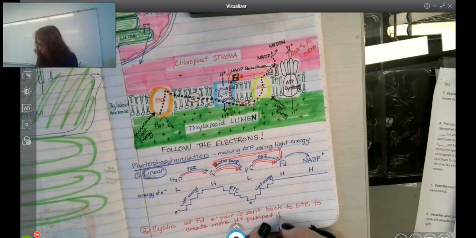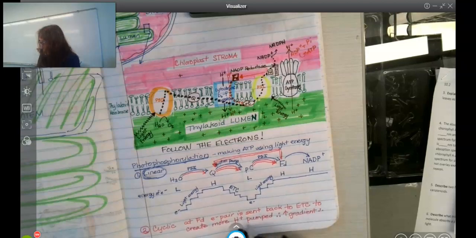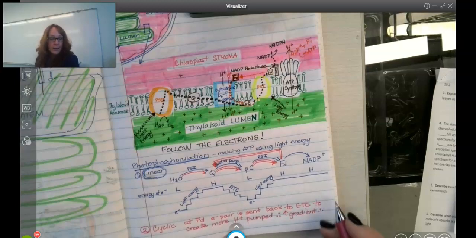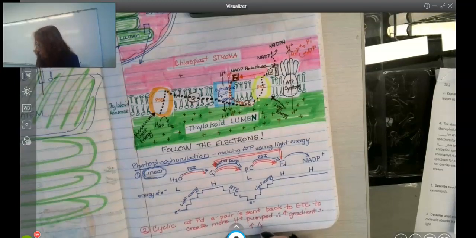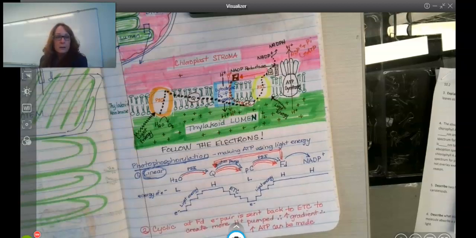Therefore it increases the gradient. And this is that whole relationship thing I told you. More hydrogen ions, more of a gradient, more ATP that can be made. And that's what cyclic is.